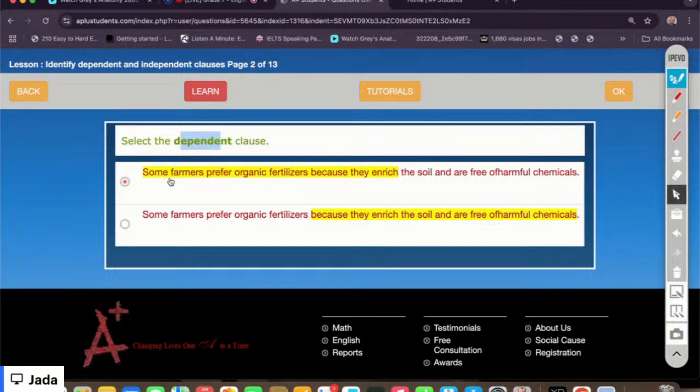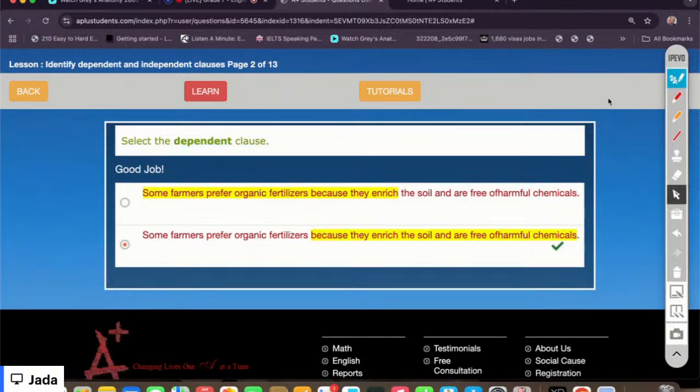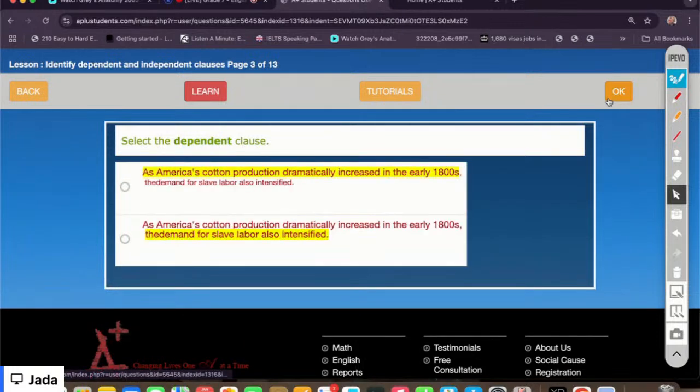The dependent clause we have starts with because. So because here is what? A subordinating conjunction. So you need to note that from that part is where we have the dependent clause.